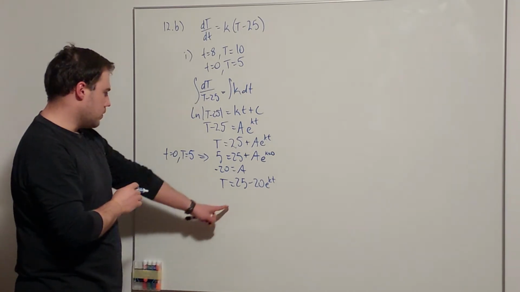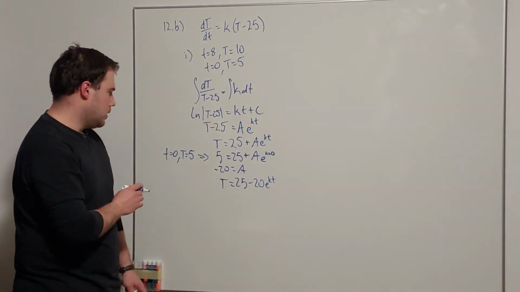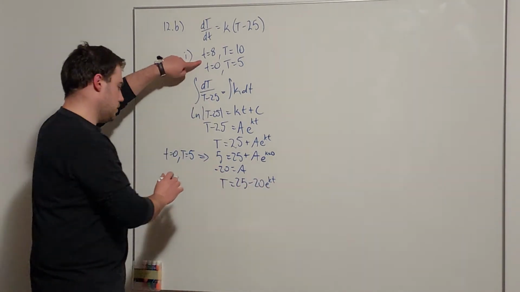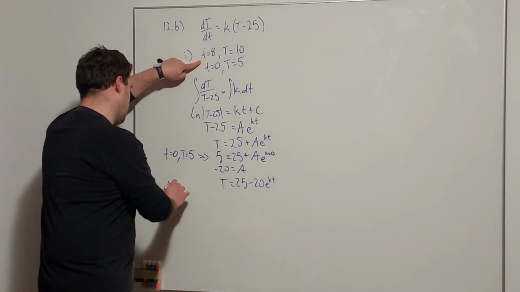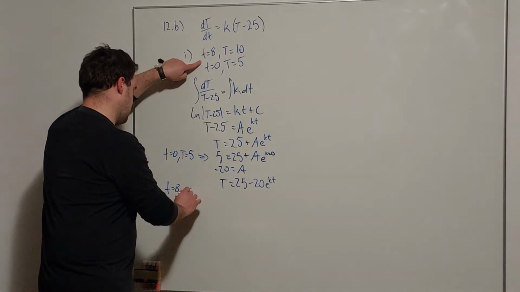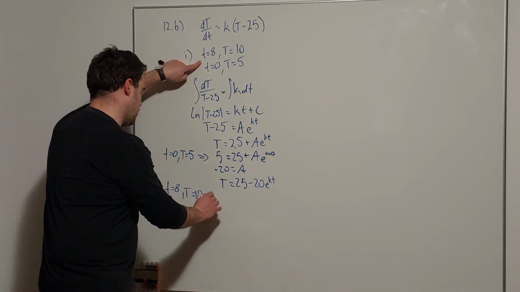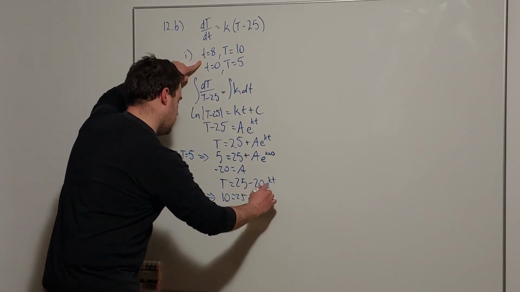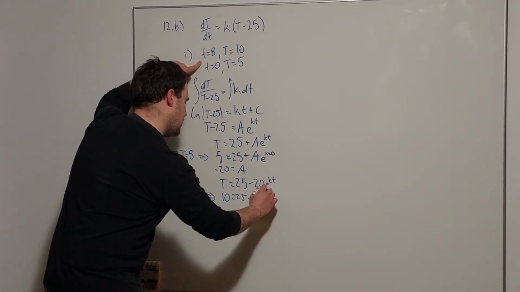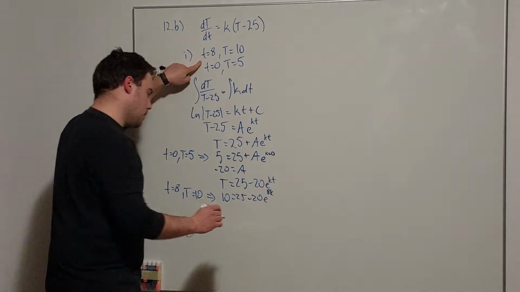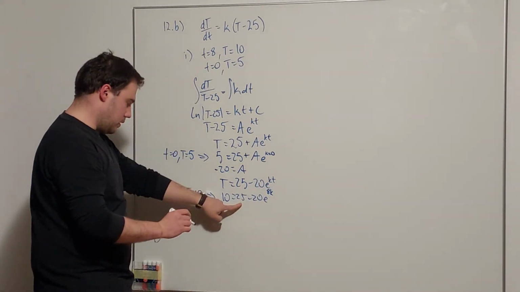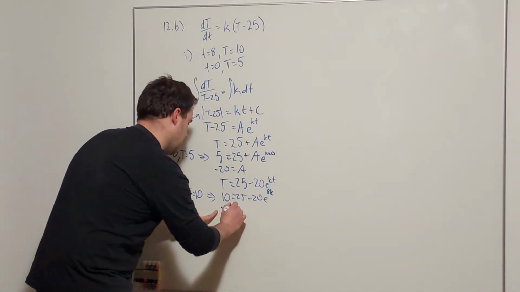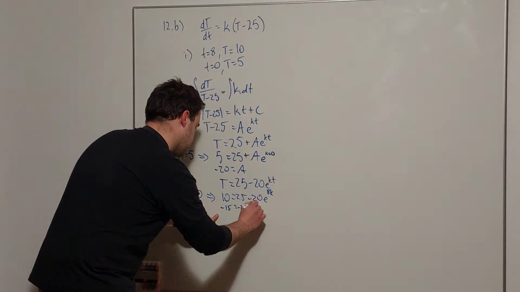Alright, so now we've got this equation here with our updated value for a, so we can use our other condition: when t equals 8, temperature is 10, which means 10 is going to equal 25 minus 20e to the k times 8, which is going to be 8k. If we minus 25 over here, we're going to get negative 15 equals negative 20e to the 8k.